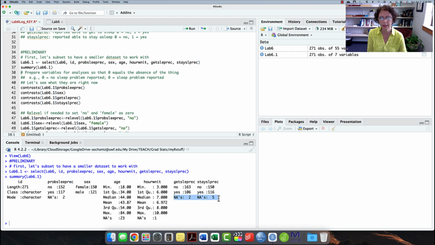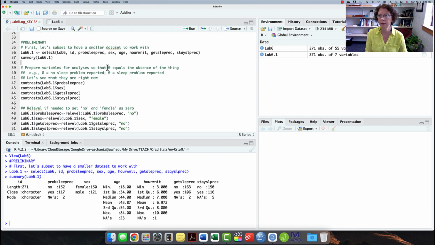Now notice all these NAs. That's going to be problematic for logistic regression. So it's good to take a look to see what's going on. I have 23 missing values in age, 1 missing with hours of sleep per night. So I'll need to address that.